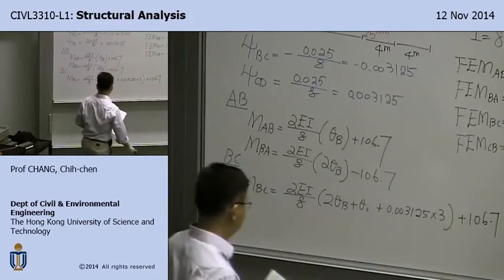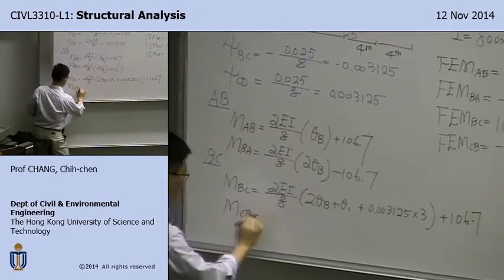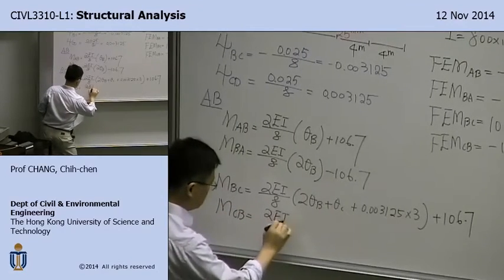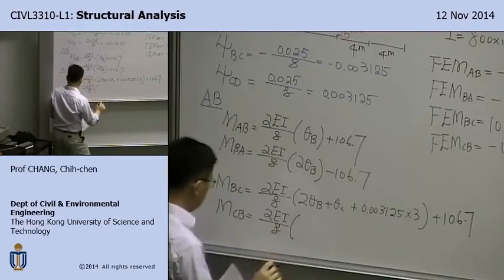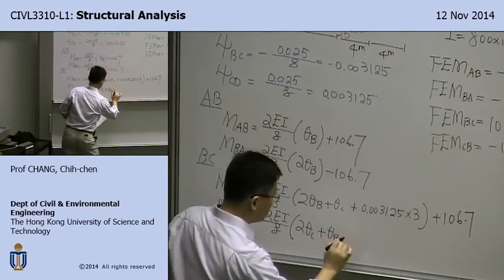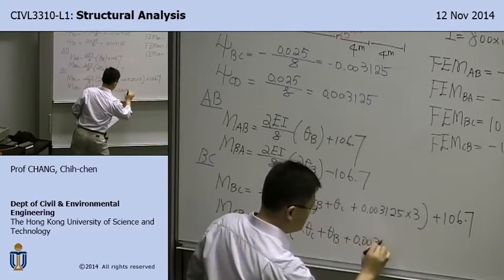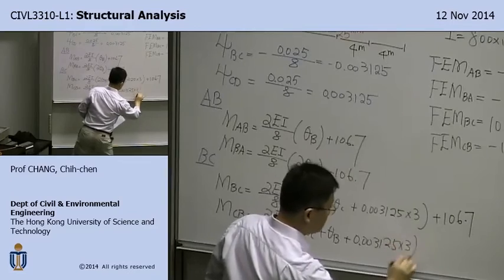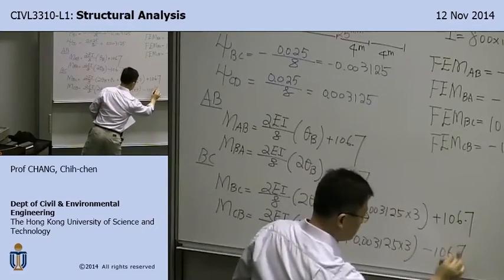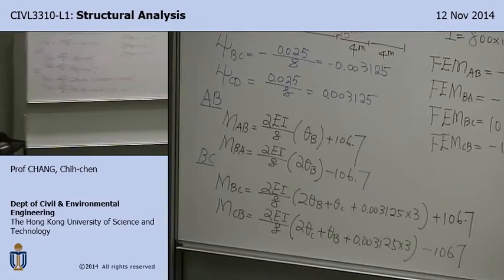All right. And MCB is 2 theta C, 1 theta B, minus 3 times rigid body rotation, the same thing. Right? I'm only using that equation. That is the only equation I know.